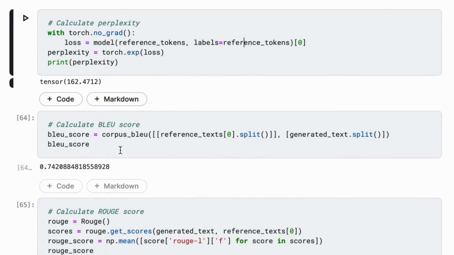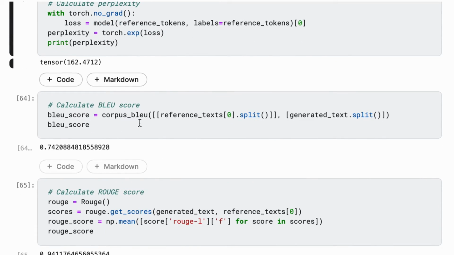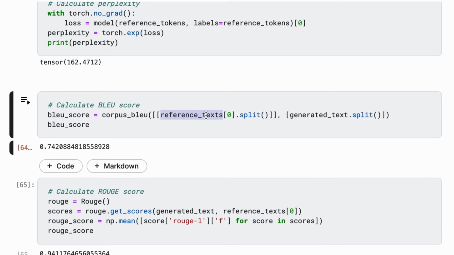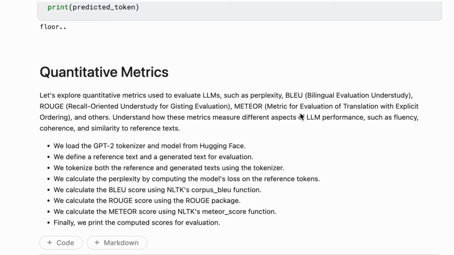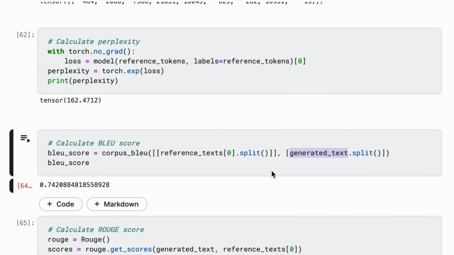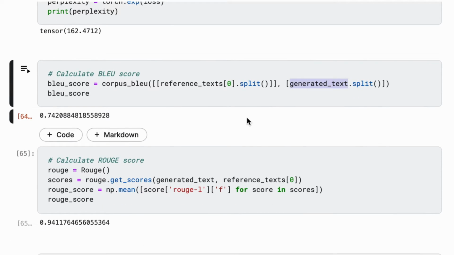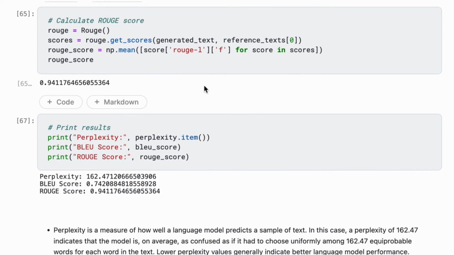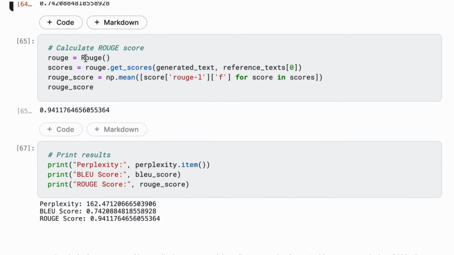Okay, and then we talk about the BLEU score. The BLEU score is also calculated on the same thing, our reference text and our generated text, and it gives you a score. That score identifies the bilingual evaluation of your generated text against the reference text. And then we talk about the ROUGE score.